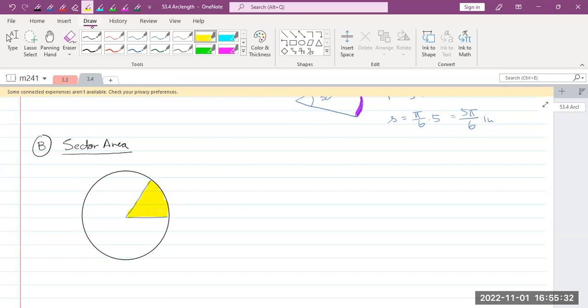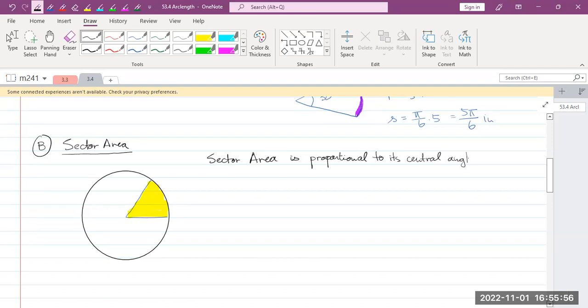Now, the sector area is proportional to its central angle. The larger the central angle, the larger the area.